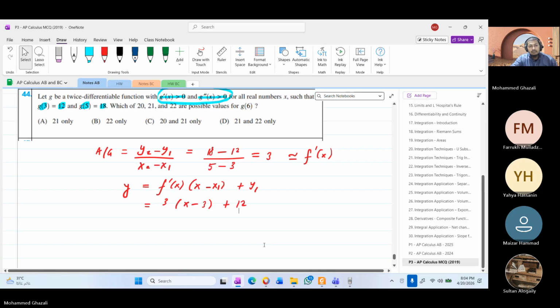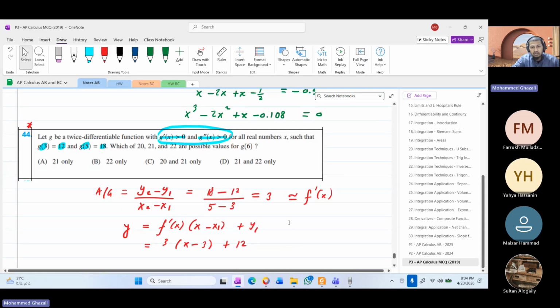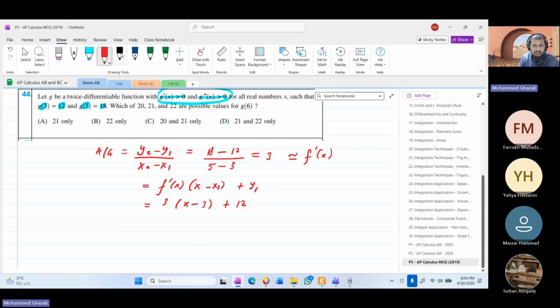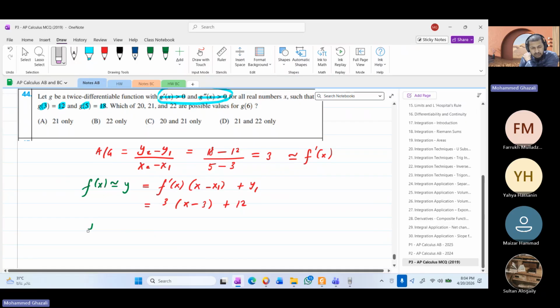Now we're trying to find g of 6. Why did I put the f function? Let's change the f to g because we're working on the g function.